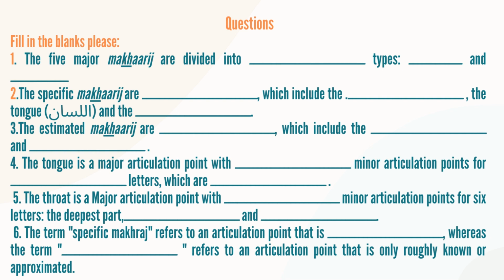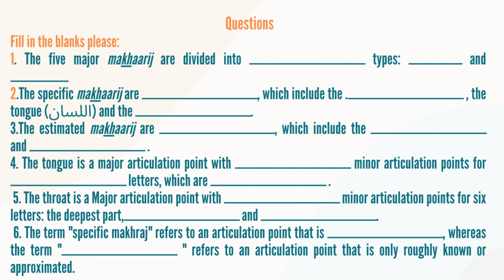The second, the specific makharij are, which include the, then the tongue, and the. As you know, we have 3 specific major makharij. Thirdly, the estimated makharij are, which include the and the.